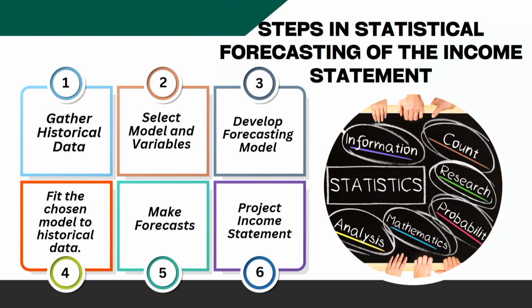So, we may come across a construct where there is one DV and there are n number of IVs. We give the input of multiple independent variables in order to project or predict a particular dependent variable which reflects a financial variable of the income statement.